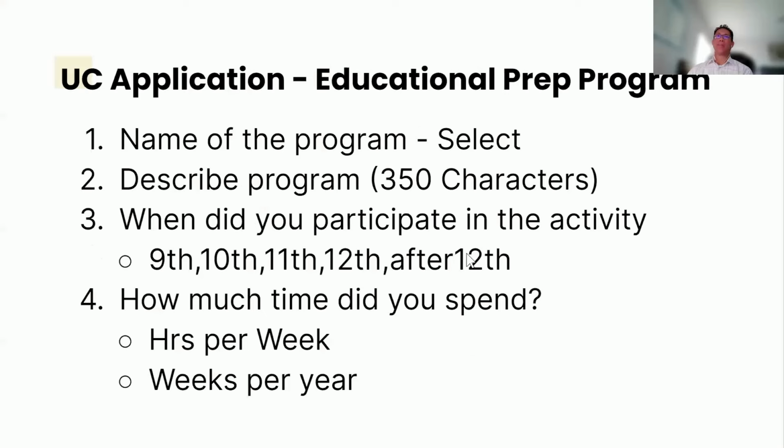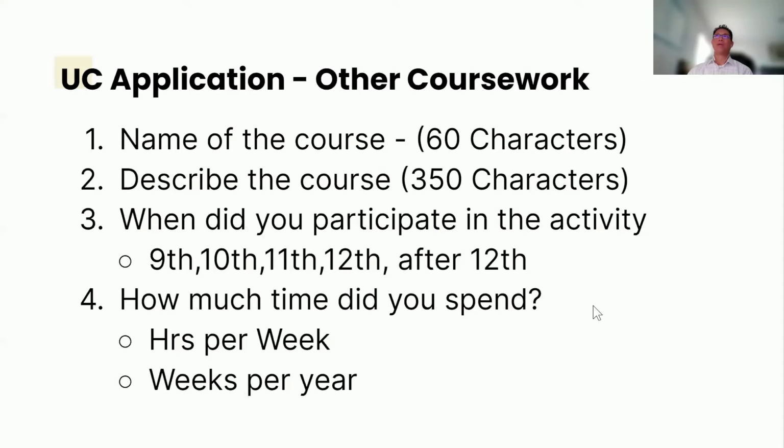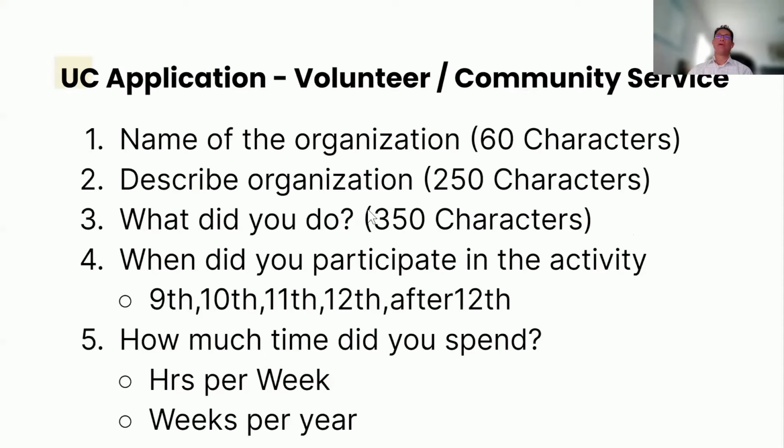For the educational prep program, they ask for the name of the program, describing the program, when you participated, and then, of course, the hours. For other coursework, they ask for the name of the course and describing the course. Again, you can see the appropriate characters, 60 and 350, when you did it, and how much time you spent. For volunteer and community service, again, they ask about the name of the organization, describing the organization, what you did, when you did it, and how much time you spent.